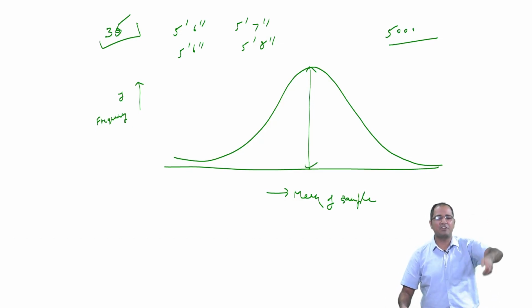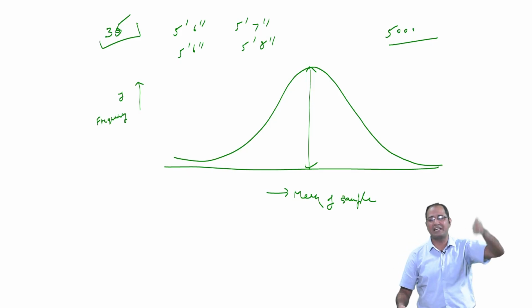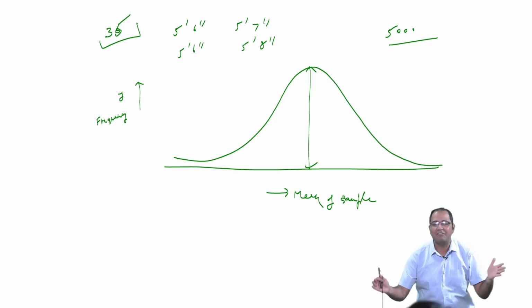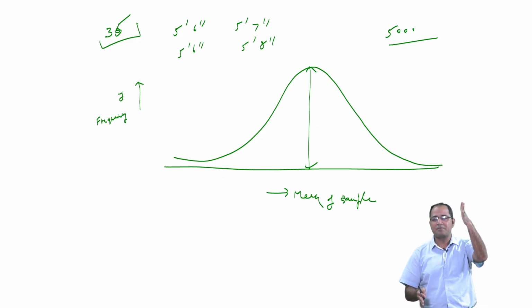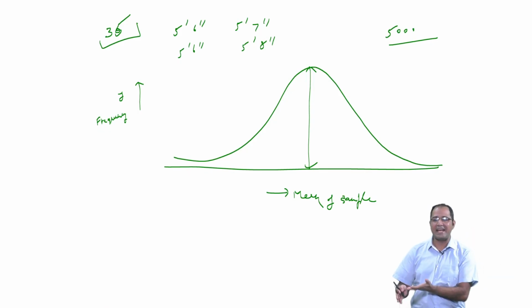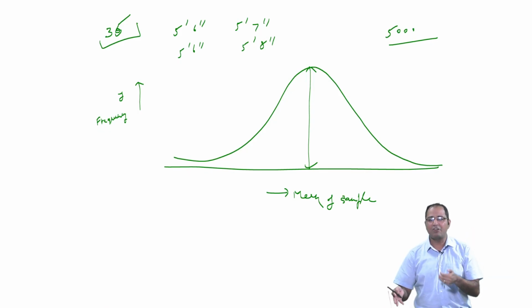So every time I draw a sample of 35, I note down their mean. I keep drawing 35 samples from 5,000 students an infinite number of times. I keep getting means. Once I have these infinite means, I plot them: on the y-axis frequency, which means how many times a particular mean has occurred, and on the x-axis the mean I got from the sample. So this is the curve which I will get.